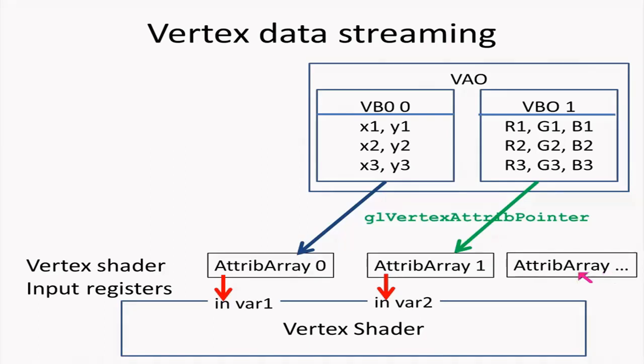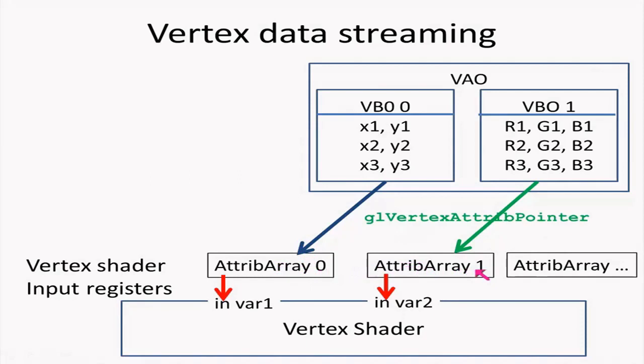A function called glVertexAttribPointer tells the GPU how to interpret the data in VBOs, from where the data of a single vertex can be fetched, and in which attrib array a data element should be copied. For example, coordinates can be copied to attrib array 0, while colors to attrib array 1.